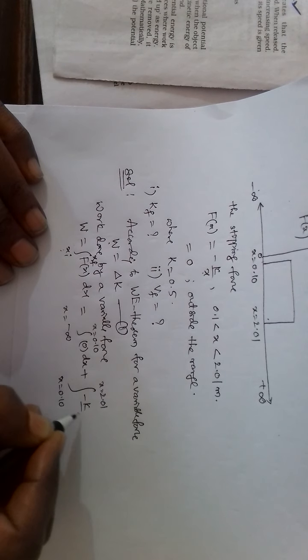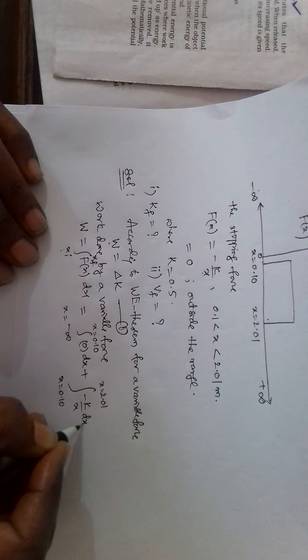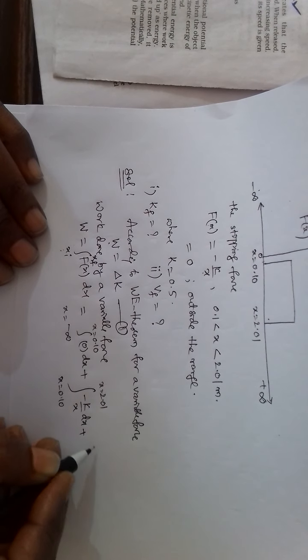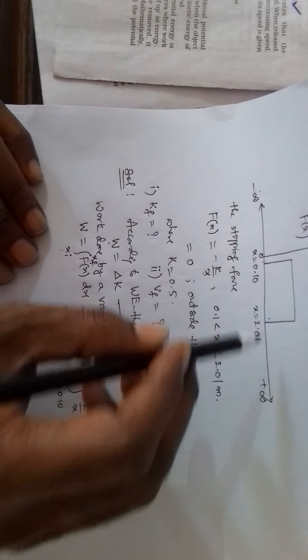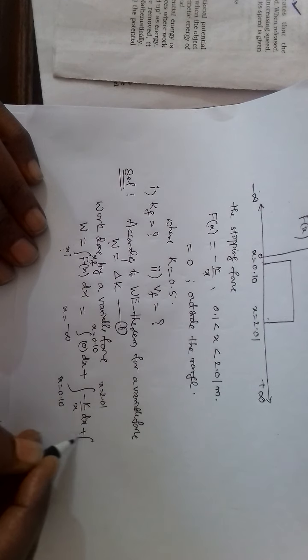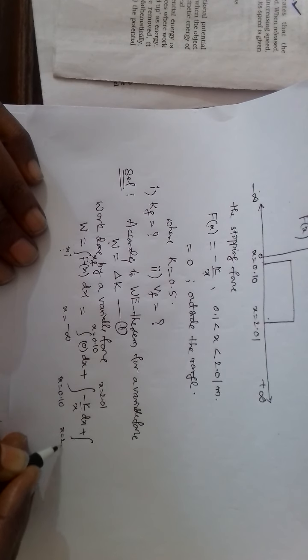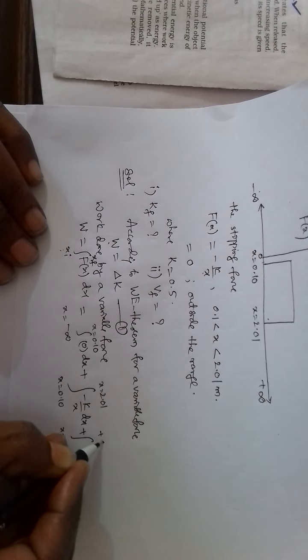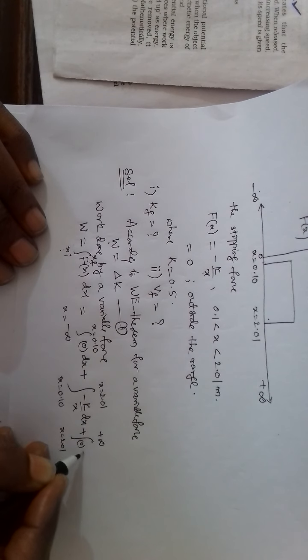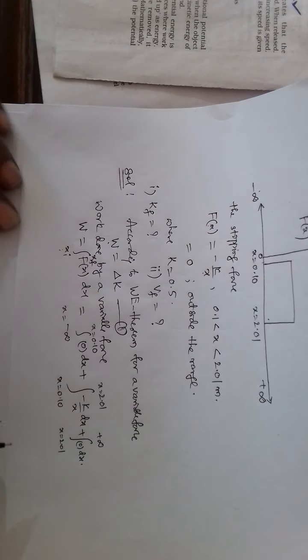Minus k by x dx plus, here to here again 0.